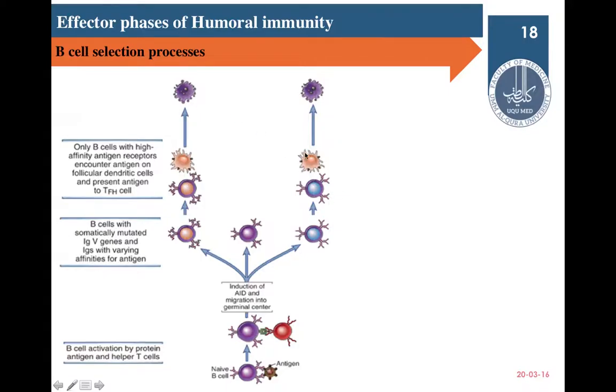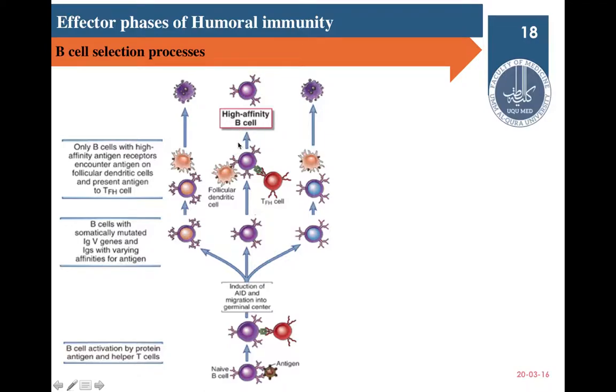The same happens on this side, but the cell in the center binds well with the antigen. It gets the survival signal, takes up the antigen, and this antigen is again processed and presented to the follicular helper T cell, which then gives its survival signal. This high affinity B cell survives, and it will be kept for fighting off the infection.